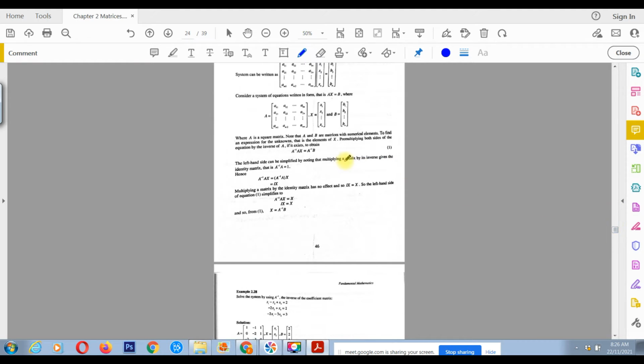Now you need to remember that matrices involve position.